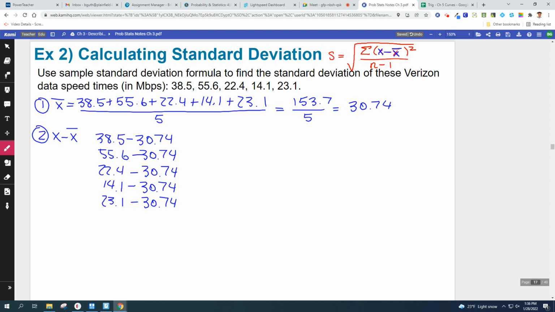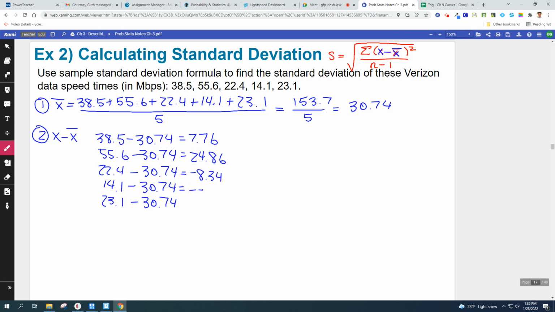And so when I subtract those, 38.5 minus 30.74, I get 7.76. In the next one, I get 24.86. And the next one, negative 8.34.